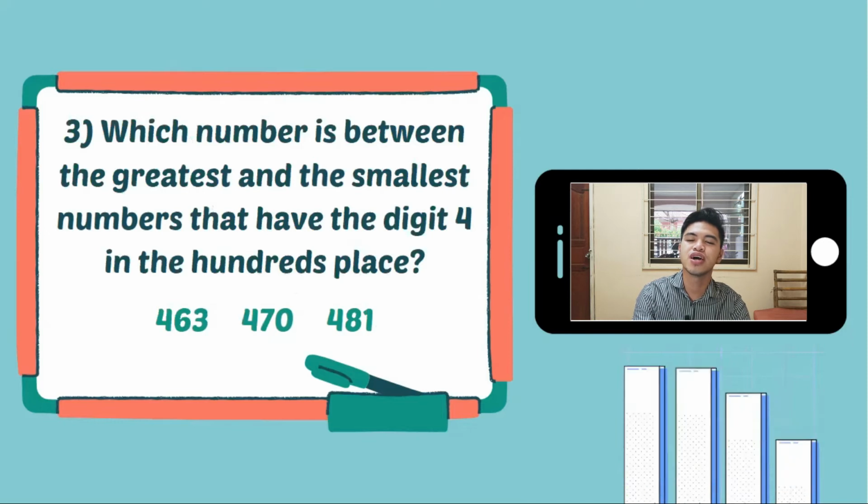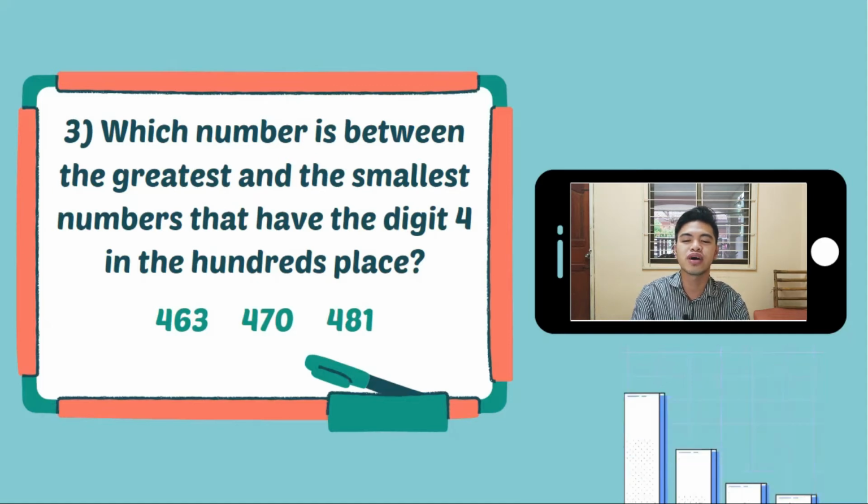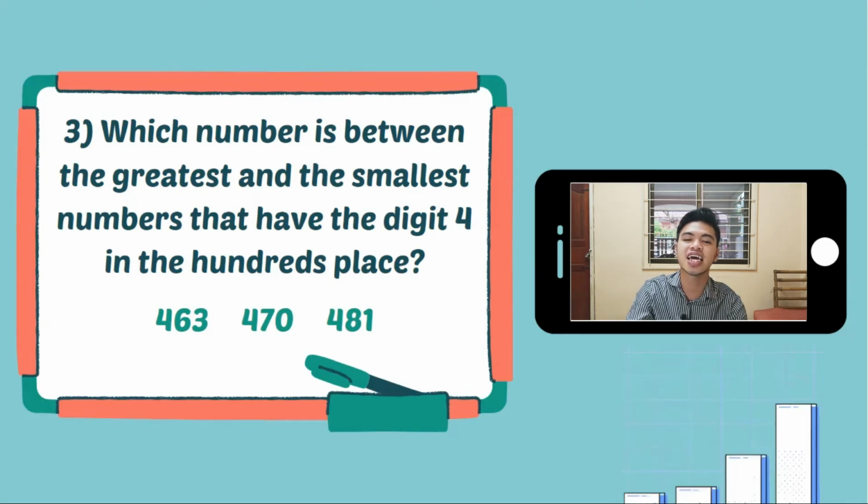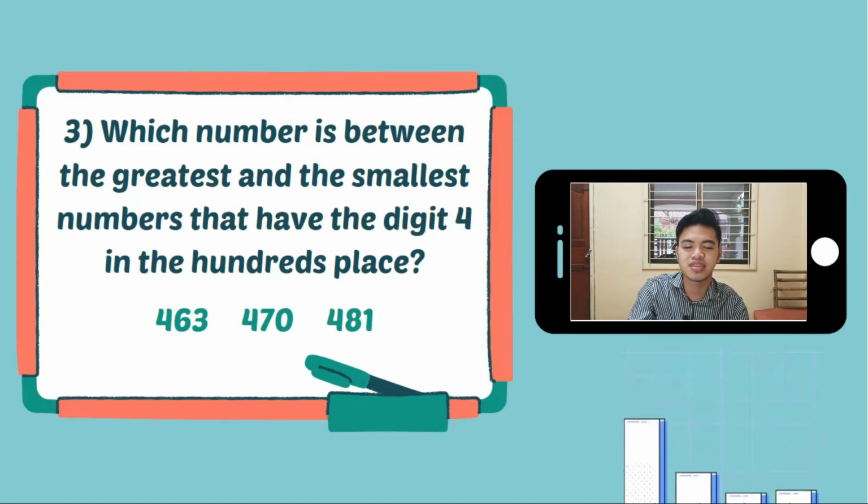For the number 3, which number is between the greatest and the smallest numbers that have the digit 4 in the hundreds place? Here we're going to look at the following numbers with the digit 4 in the hundreds place, and then find out which is the number between the biggest and the smallest. Since we only have 3 numbers here, it will be easier to see which is between the 2 numbers.